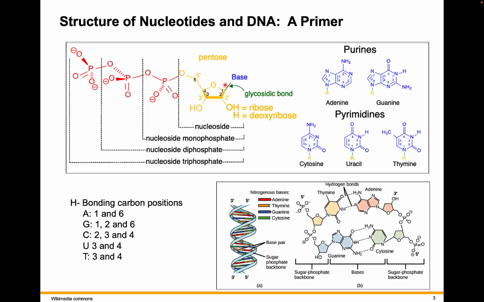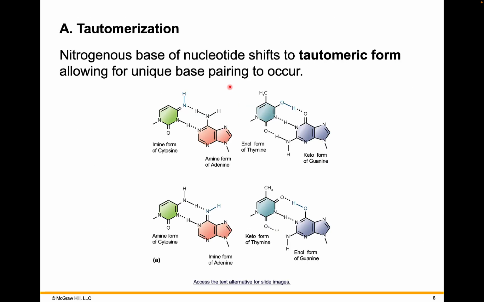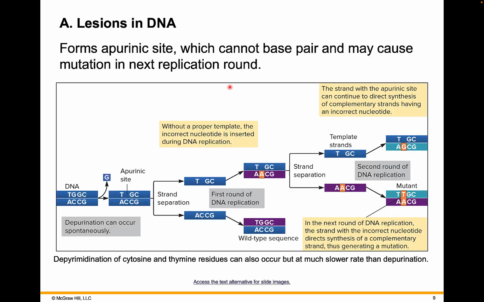So basically the phosphate and the sugar remain in place, and just right here at the base, which is either adenine or guanine as a purine, this glycosidic bond is broken, and this is what we call a lesion. So just the base is removed.